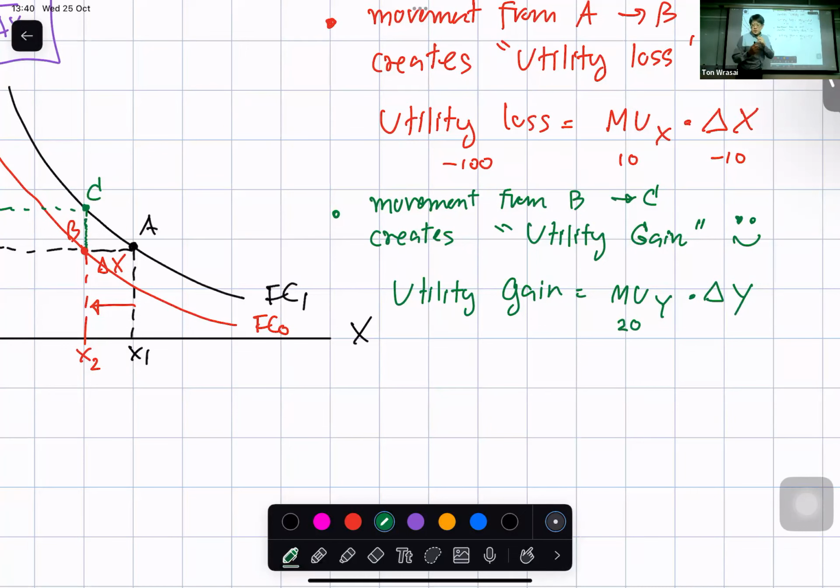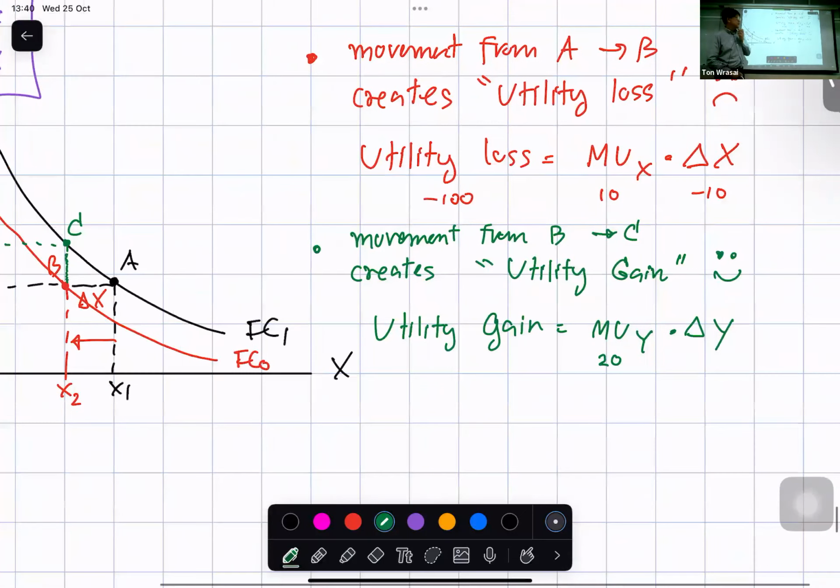How many Pepsi should we give him so that it counterbalances the utility loss? 5. Okay, plus 5 cans. Then it cancels out completely, fully offsetting the loss that we generated for him before.